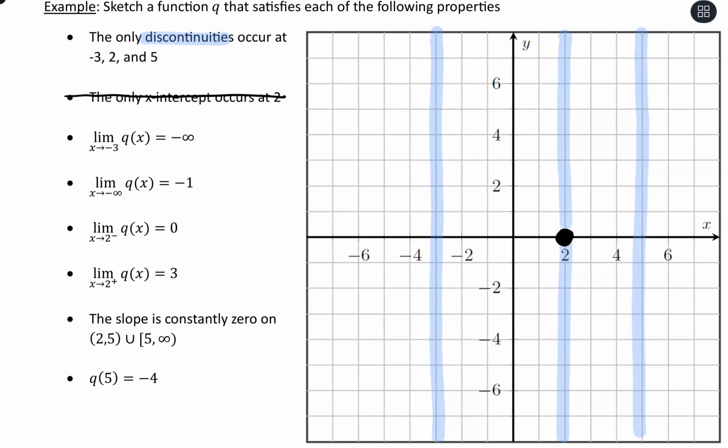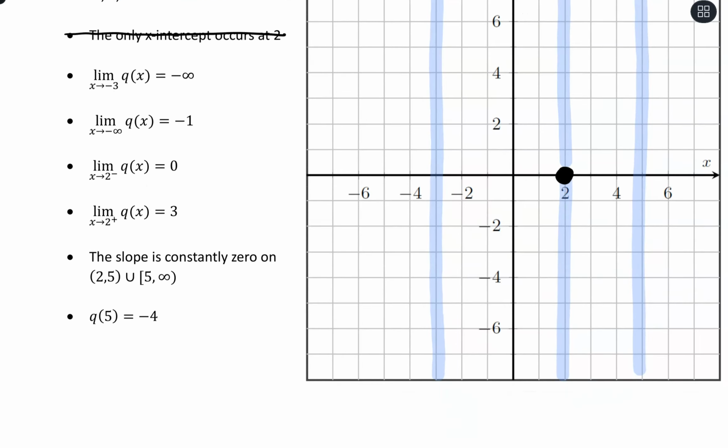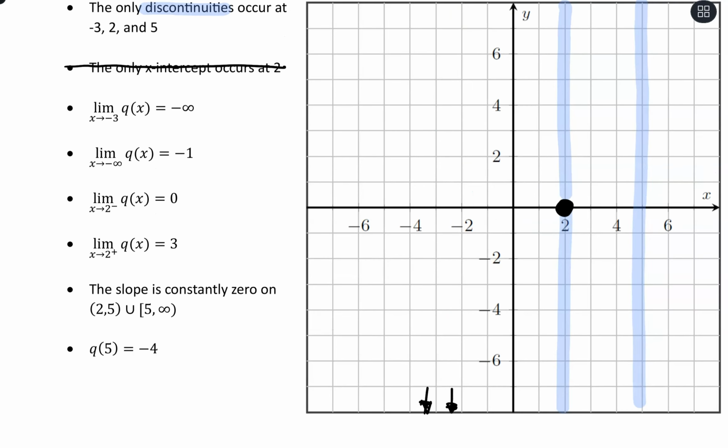The limit as x approaches -3 is equal to negative infinity. So what that tells me is at -3, and this is the two-sided limit, we're going down to negative infinity on both sides. So that's telling me at -3, we're going to have a vertical asymptote. So that takes care of the type of discontinuity we have right there.